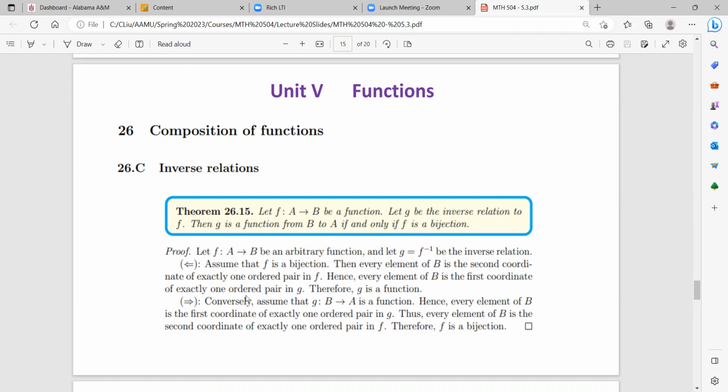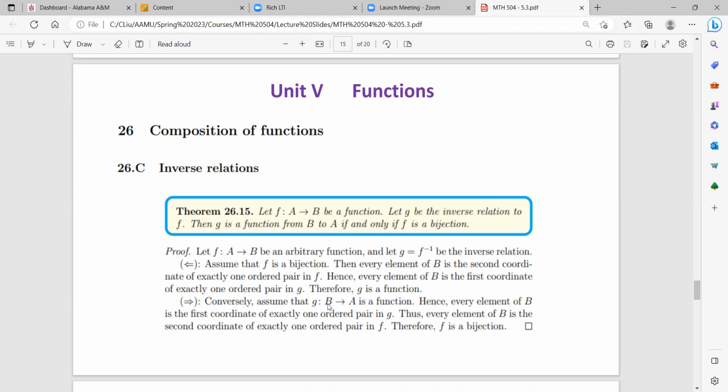So that's one way, and the other way we need to show: suppose G, the inverse relation of f, is a function, then we need to show that f is a bijection. Again, it's not hard, because G is a function, so B is the domain and A is the codomain.